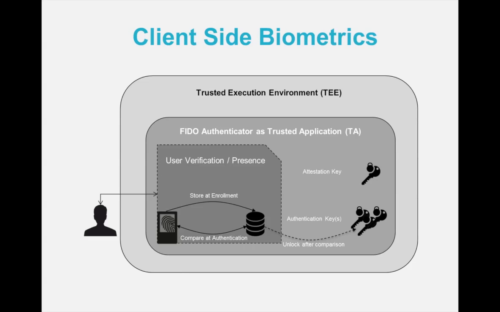So the second implementation option would be using client-side biometrics and having the authenticator run in a trusted execution environment. In this case, the user verification is also done inside the authenticator, but the biometric reference data, like the fingerprint template, stays local in the authenticator. So there's no need for the FIDO server to know your biometric data, your fingerprint.